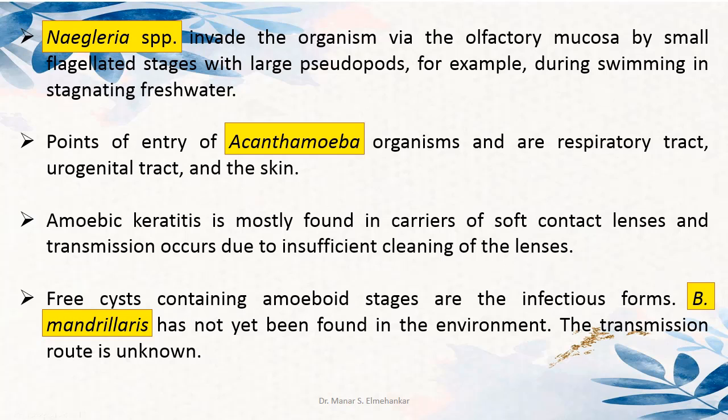Amoebic keratitis is mostly found in carriers of soft contact lenses, and transmission occurs due to insufficient cleaning of these lenses. About Balamuthia mandrillaris, free cysts containing amoeboid stages are the infectious forms and haven't been found in the environment. The transmission route is unknown.